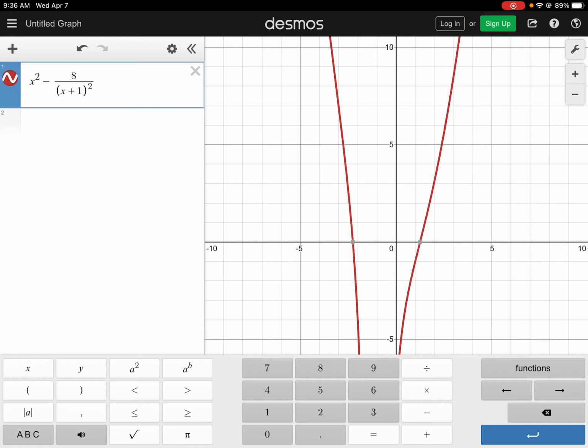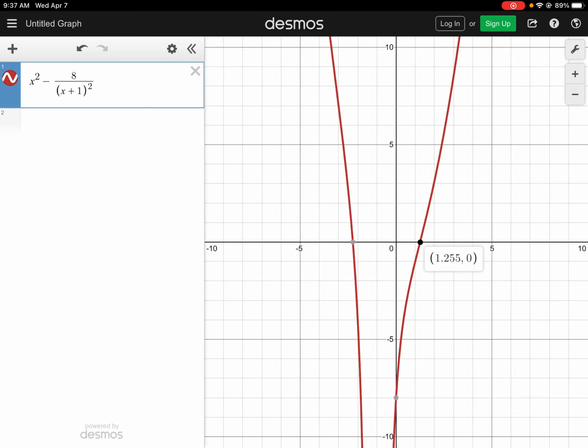Notice that when we're talking about the velocity function, we're always interested in where it's 0. So it's 0 here, at 1.225. Because we're talking about velocity, anytime our velocity is positive, to the right side of that point, it's moving to the right. Anytime our velocity is negative, it's moving back to the left.